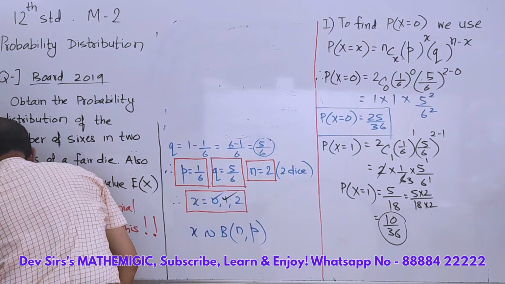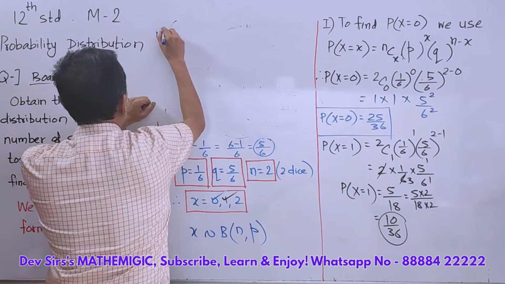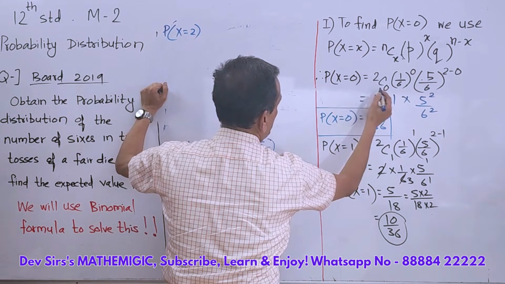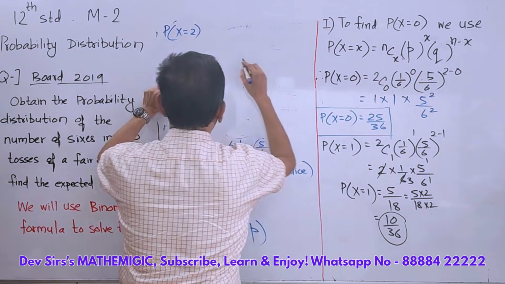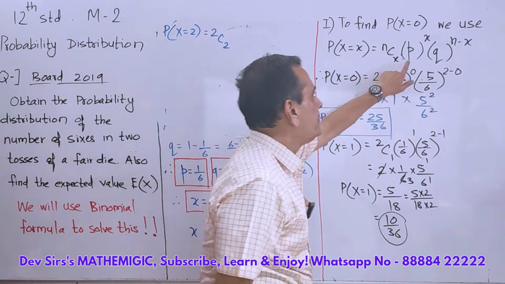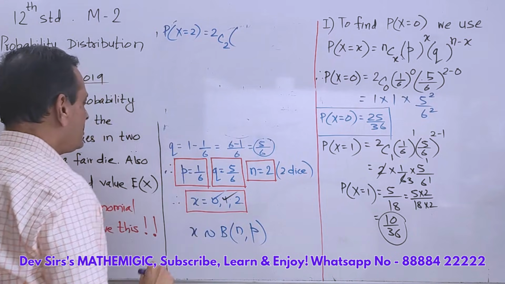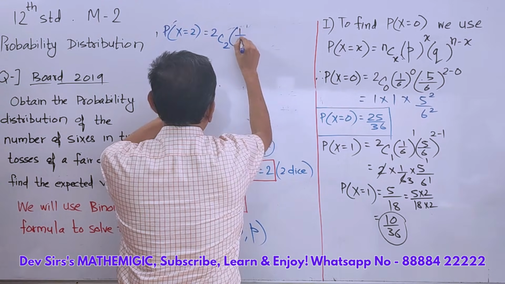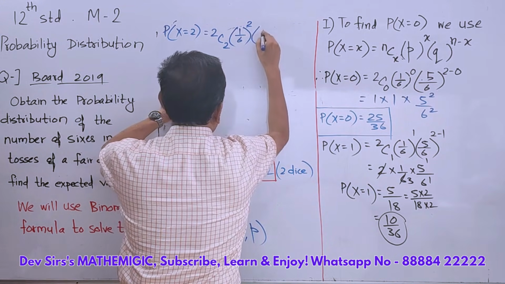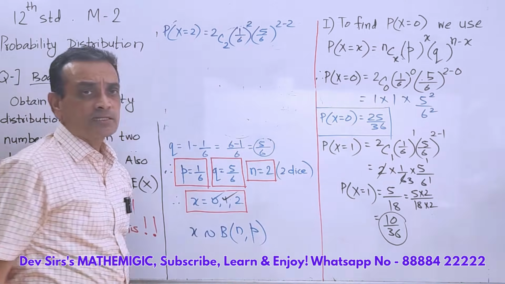So P of x equal to 2, यहां पे सब्स्टिट्यूट करना है. x is 2, ये कैसे x equal to 0 हो गया. n is 2, 2C2. p raised to x, value of p, 1 by 6. 1 by 6 raised to x, raised to this number means raised to 2. 5 by 6 raised to 2 minus 2, n minus x.